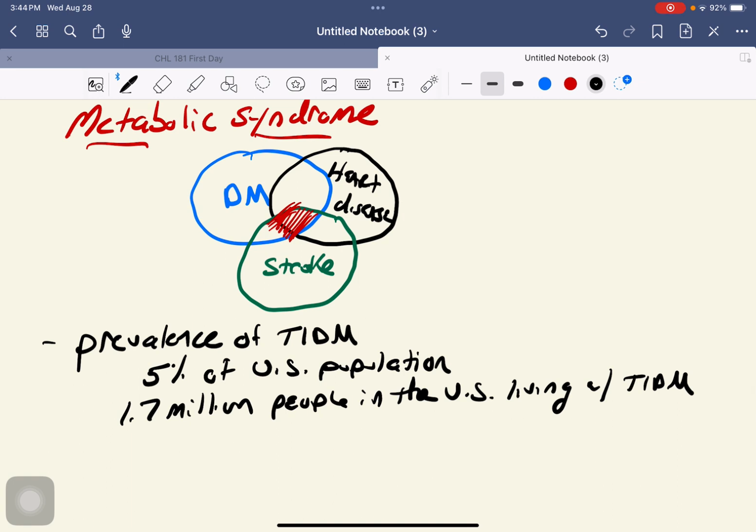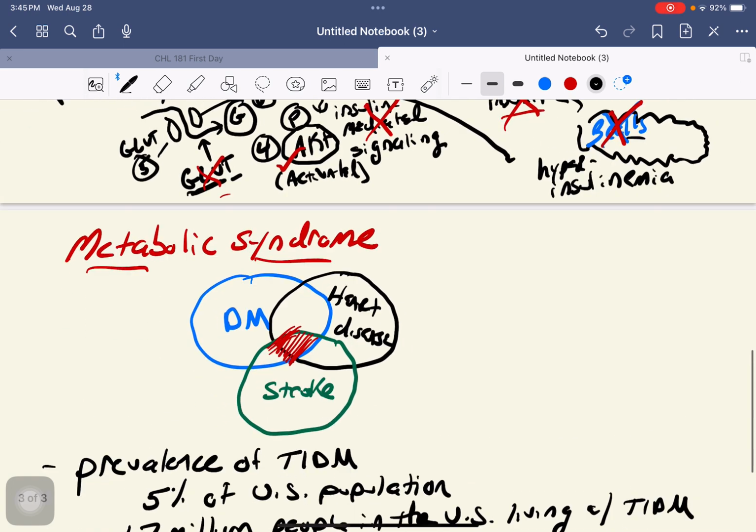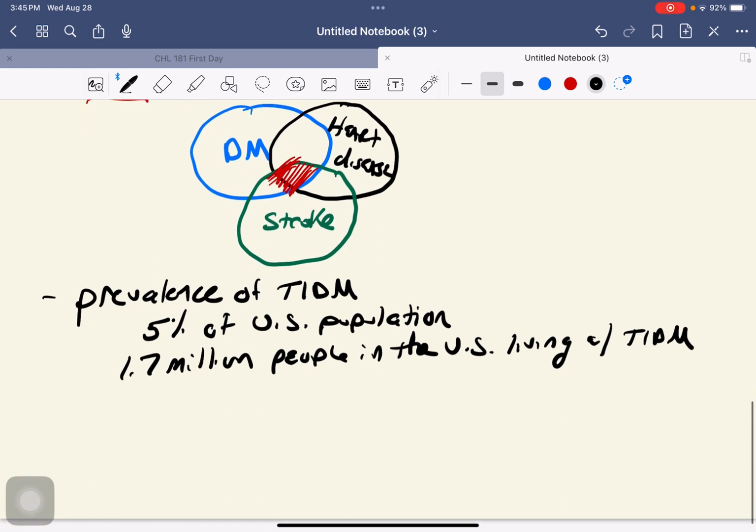So it's a significant condition that we have to try to resolve, and there's a lot of effort going in to try to cure and find treatments for type 1 diabetes mellitus. Right now, what is the major treatment associated with type 1 diabetes? I'm going to give you a moment to think about it before I tell you.